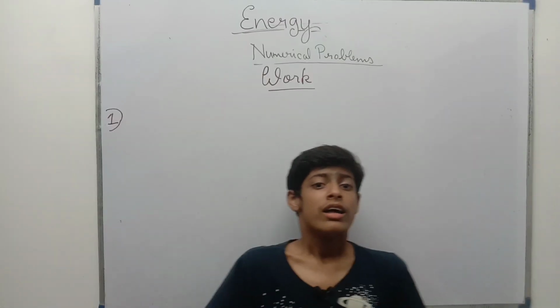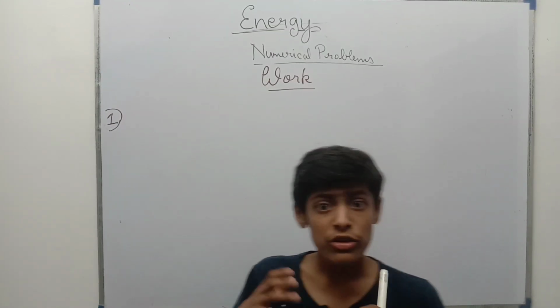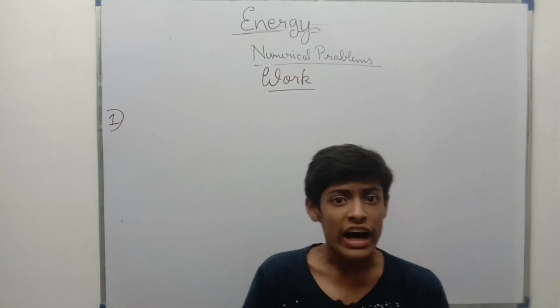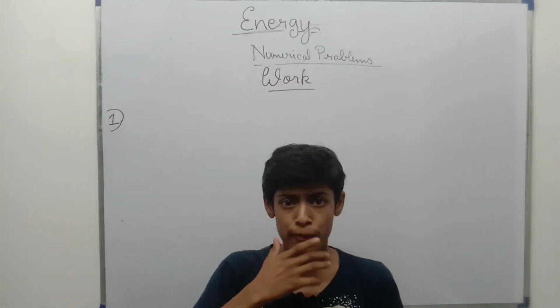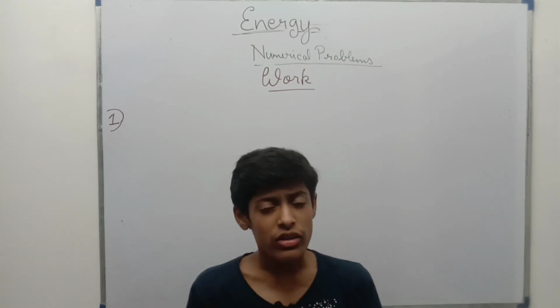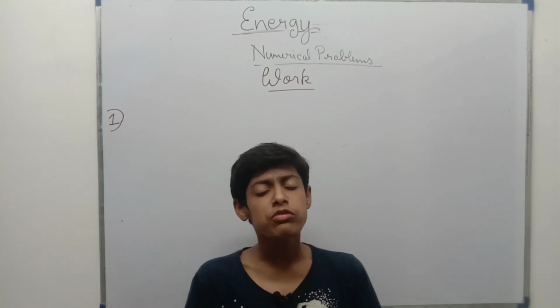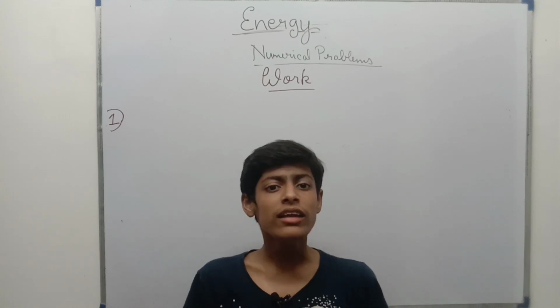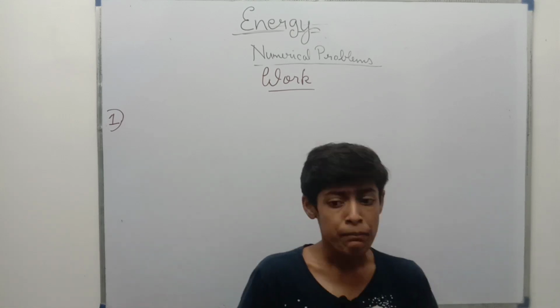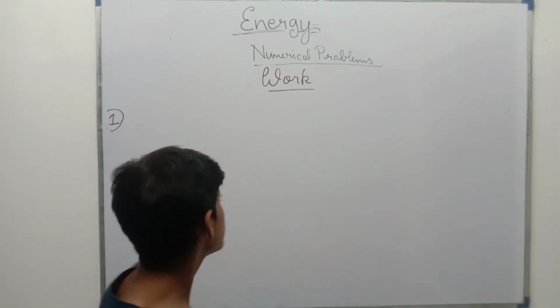Now guys, we will discuss the numericals based on work. Now our first question is: if a child applies a force of 5 Newton on a toy cart and pushes it through a distance of 3.6 meter, then find the work done by the child. Now here in this question, force is given and displacement is given.